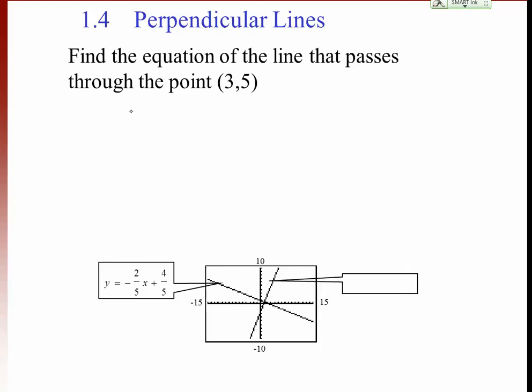It's y equals mx plus b. We know the y is 5. We know the m is 5/2, the negative reciprocal of -2/5. We know the x is 3, and we're trying to find the y-intercept. So that leads to our problem here.